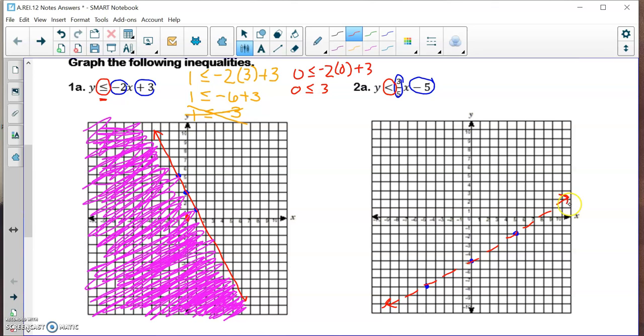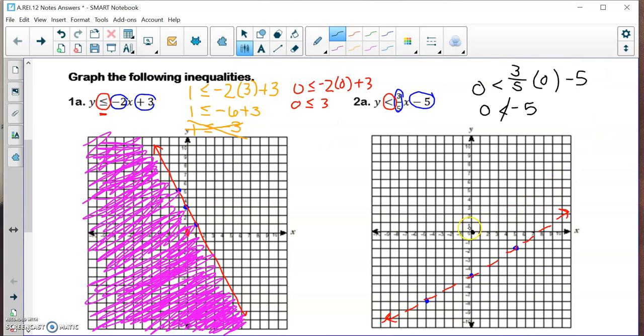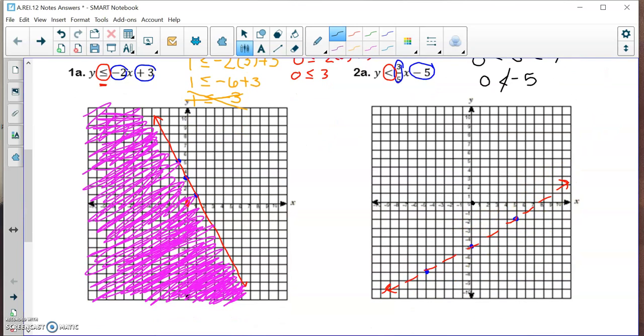All right, so you can either test a point, maybe you decided to test the point 0, 0. So if I put 0 in for y, and 0 in for x, I get 0 is less than negative 5, which is not a true statement. So since 0, 0 did not work out, that means that it is not a solution.